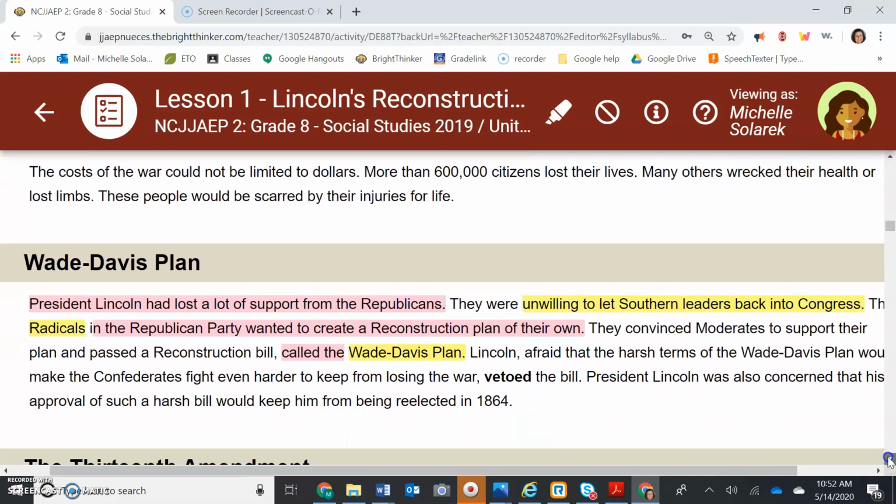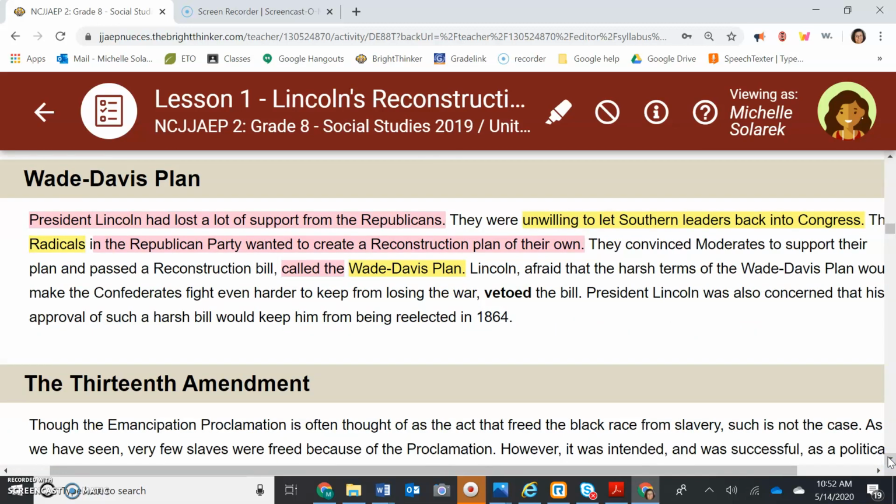Okay, now there's some things that are going on that are not going on really well. Some of the northern people, the Republicans, are not happy with President Lincoln. They think that his plan is way too easy. He needs to be tougher on the South, and they are unwilling to let the South back in Congress.